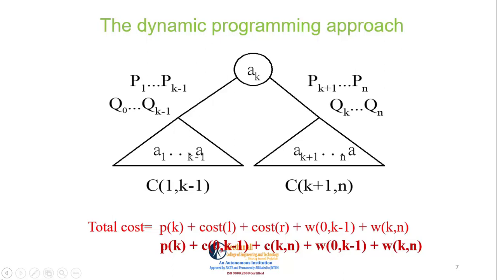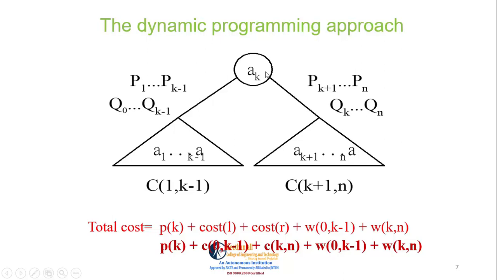Okay. Suppose I select the root element as A of k. What is the value of A of k? A of k varies from 1 to n. Any value can be considered. So in general, we write A of k as the root element I am taking. If I select A of k as the root element, what are the elements in the left subtree?